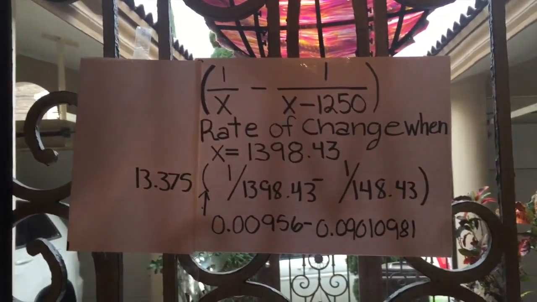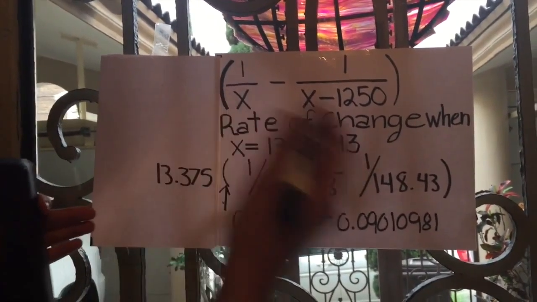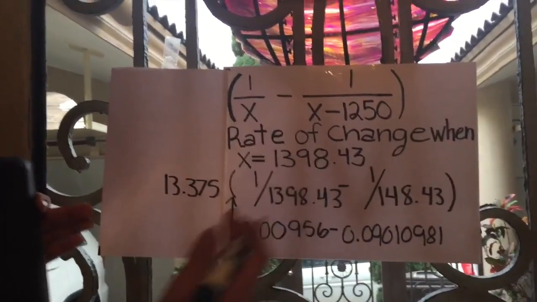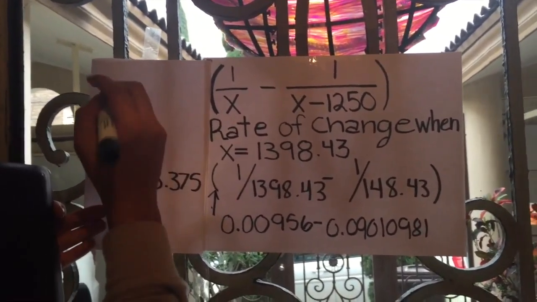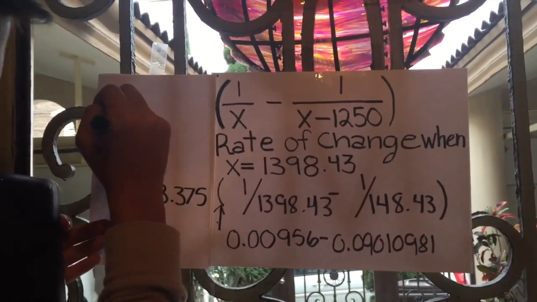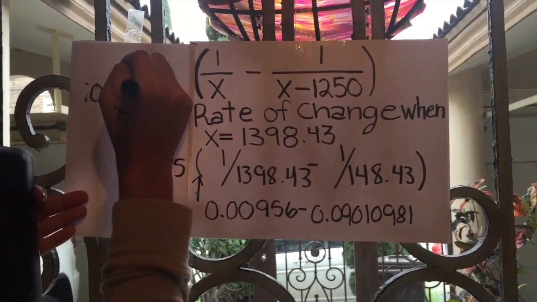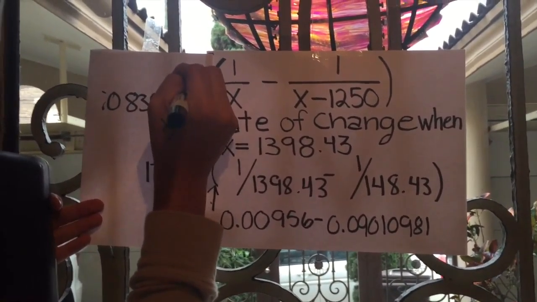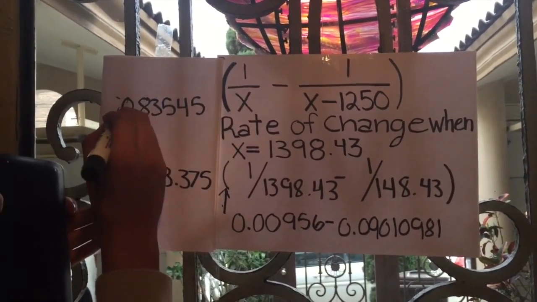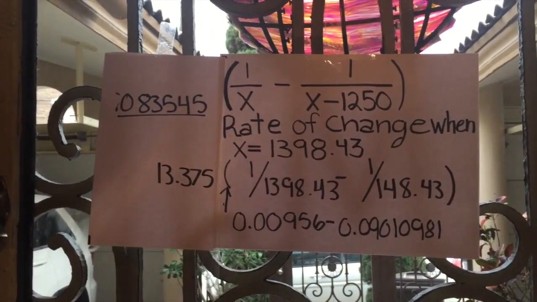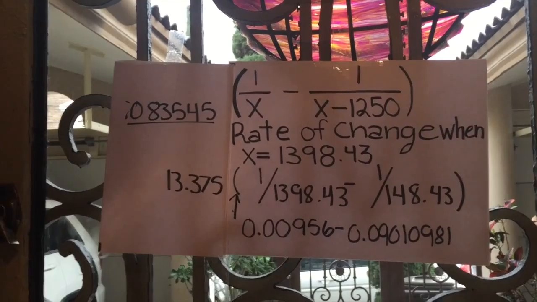Now we subtract it, and the value of the rate gives us 0.083545. It's our rate of change when we replace x by 1398.43.